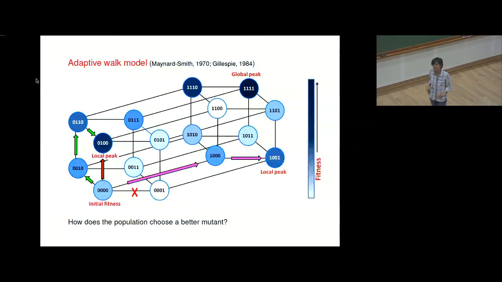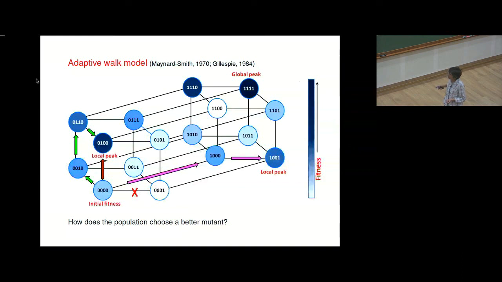So I start with some moderately fit sequence. It has 4 neighbors, this guy, this guy, this guy, this guy. What it does is, it wants to go uphill. It's adaptation, that means going up. But mutation is low, so it can't look at all the other guys.